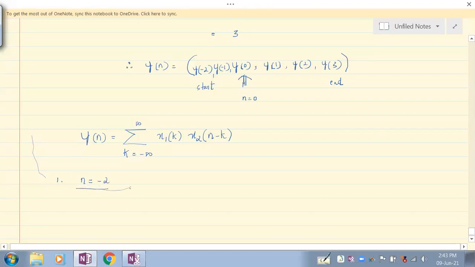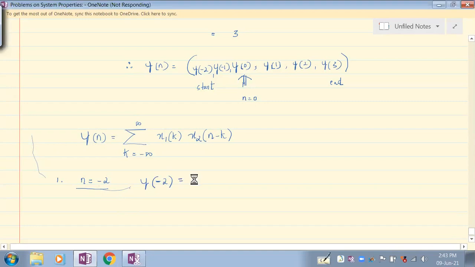When n is equal to minus 2, mind you, we have to obtain y of minus 2. What is y of minus 2? Y of minus 2 can be obtained as, everybody just see here.